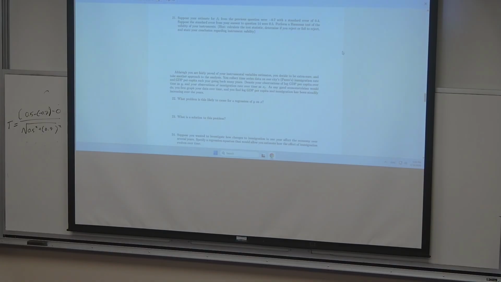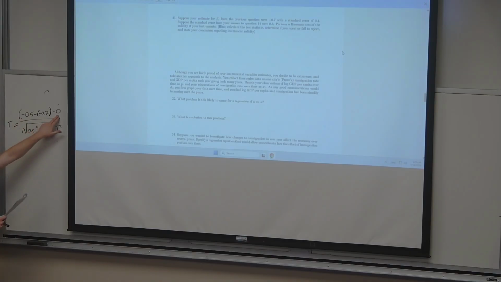Suppose your estimate for beta 1 was negative 0.7, there's the negative 0.7, with a standard error of 0.4. Suppose the answer from your question 14, which we got negative 1/2, oh, that's where I was missing the negative, had a standard error of 0.5. So you're basically taking the difference of those, right?